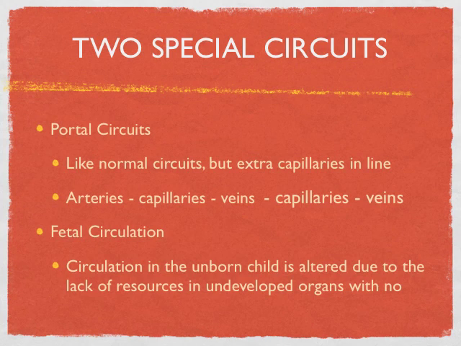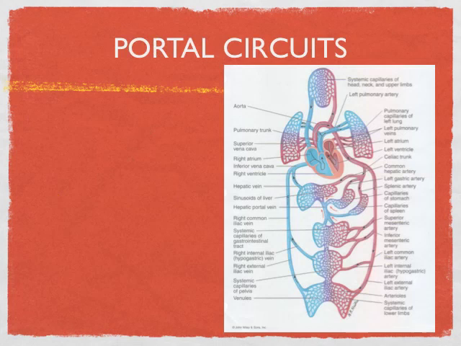What I'm going to do right now is try to explain in a little more detail portal circulation. So let's talk for a moment about portal circuits. The diagram that you see here is the same type of diagram that we've looked at before.